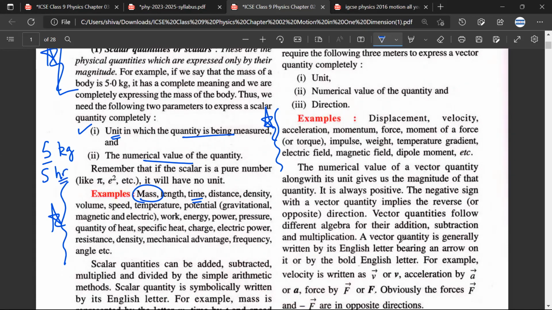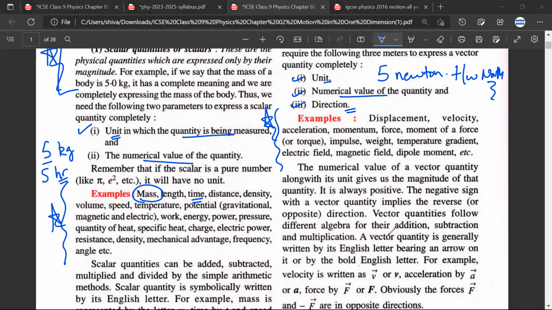But when I'm discussing a vector quantity, then I need three things. One would be the numerical quantity, that is 5, then the unit, which will be Newton, and then I should be specifying the direction also. Let us assume towards north. Have you understood what I said? Yes, sir.